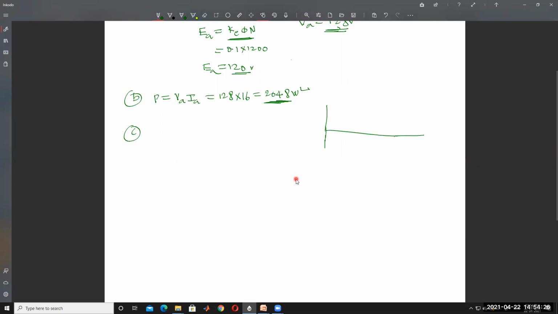This is the given waveform of the source current, called IS, and here IA is equal to 16 amps, with the ranges alpha to pi, and alpha plus pi to 2 pi. It's given like this in the question.